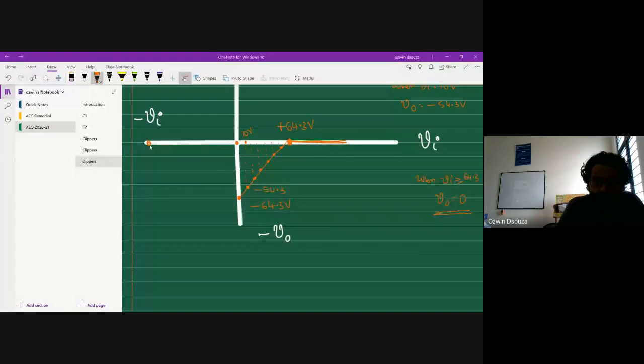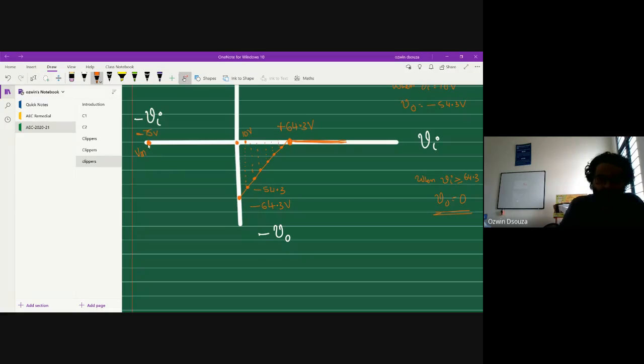Similarly, now you handle the negative half cycle. Mark the peak point here. This is your VM value of the input, in the negative direction, minus 75 volts. The negative half cycle starts from 0 volts, so at the beginning, when your input is 0, output is minus 64.3.